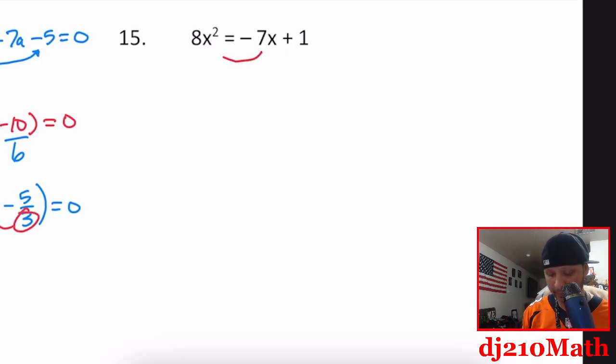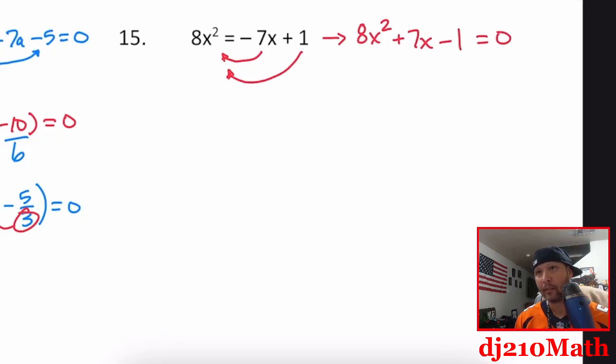So just move them in such a way that the a stays positive. We want the coefficient that is a to be positive. So this is going to be 8x squared plus 7x minus 1 equals 0. All I did was move everything over.